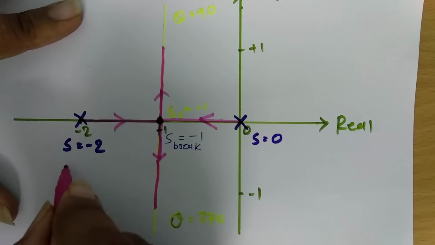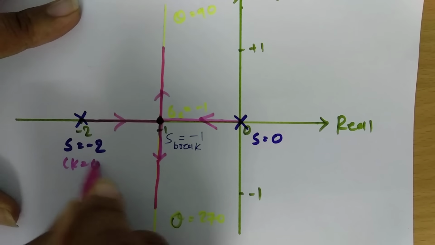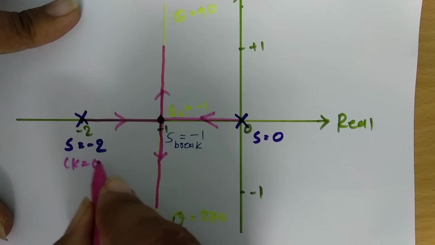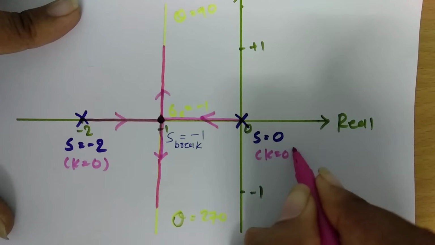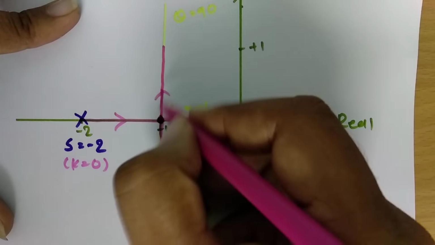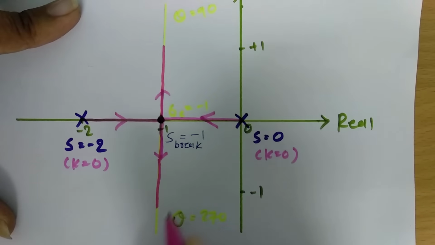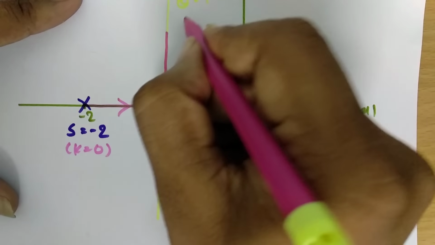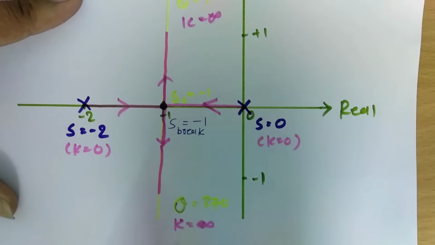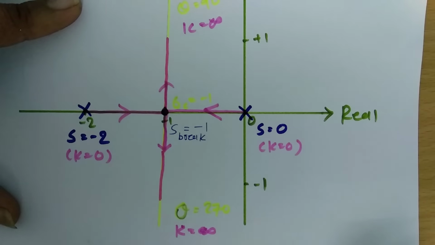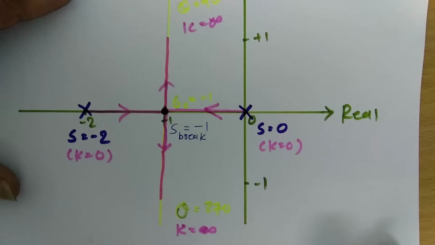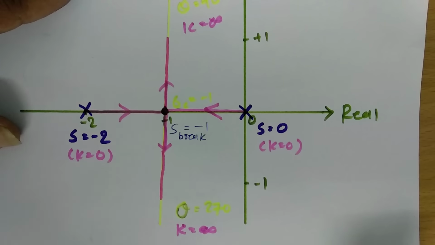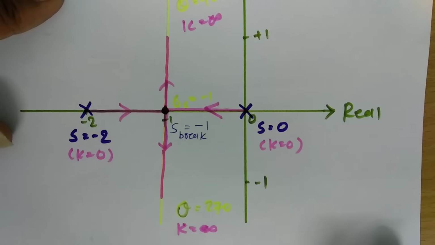So ultimately over here at the pole k equals 0, and as it moves towards infinity, k equals infinity. So that is how it moves. This is the consideration we need to see when we solve a root locus example.